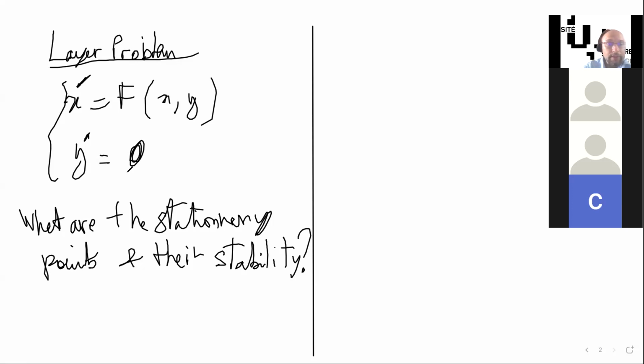Okay, now you get that. This is the layer problem. I'm telling you that the stationary points, and depending on the stability, give you what's going on in the fast time. Basically, if things are okay, the trajectories are going fast to the set of the stationary points. We'll come back to that. And you have the reduced problem.